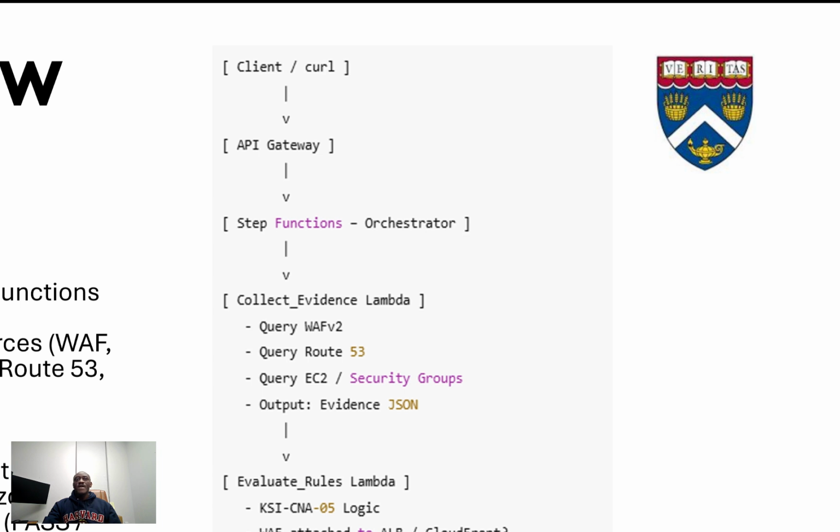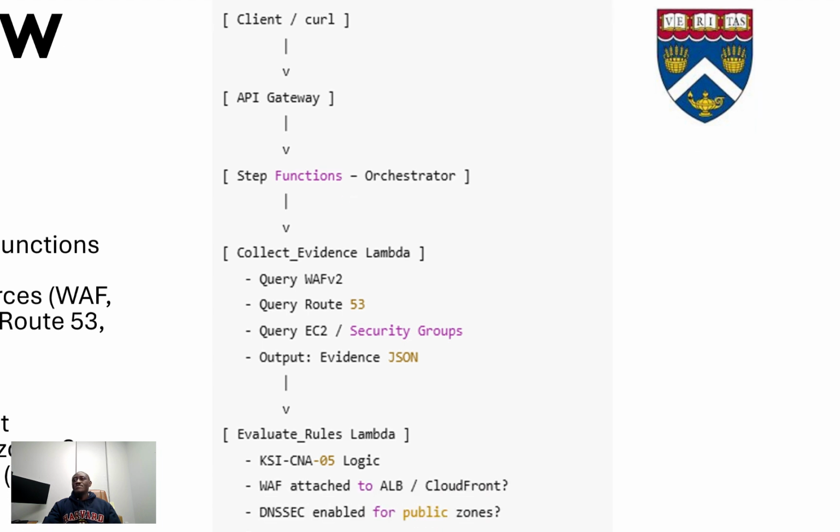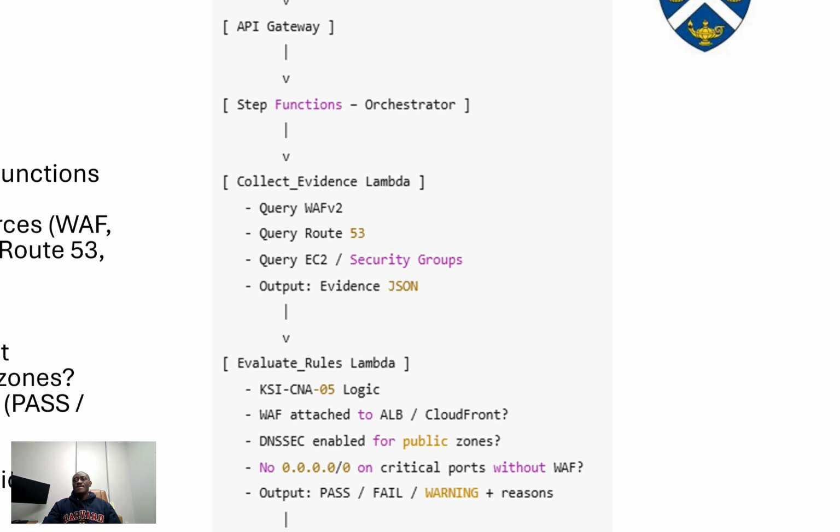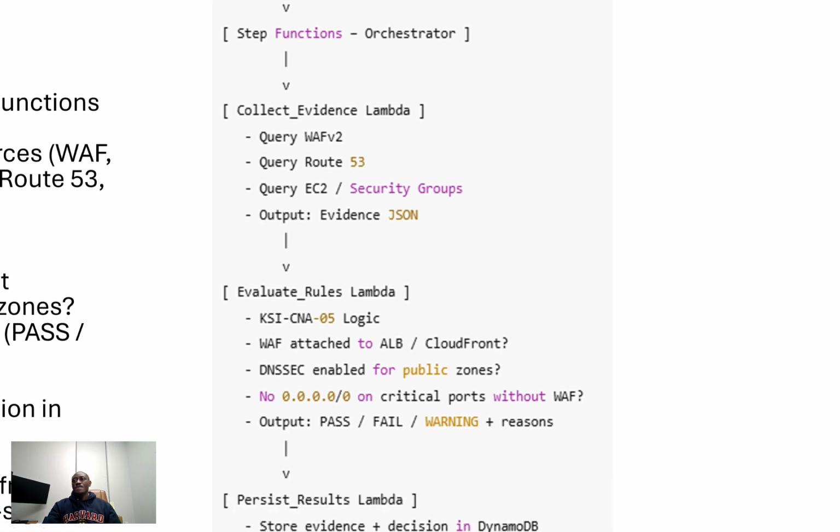Next, we have the Evaluate Rules Lambda, which applies the KSI-CNA-05 logic, determining whether required protections like WAF, DNSSEC, or open ports are available. These results and evidence are then persisted in DynamoDB and finally stored in S3. The Generate Report Lambda produces a human-readable compliance report and makes it available in S3.